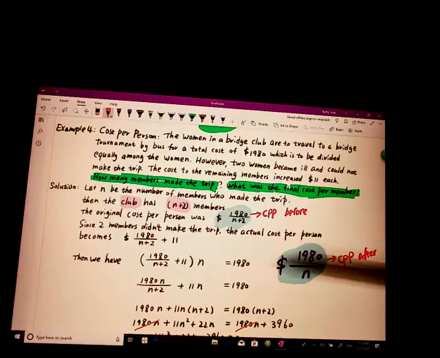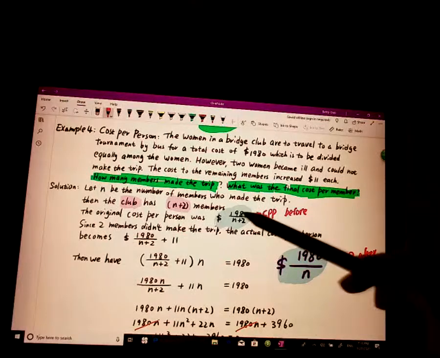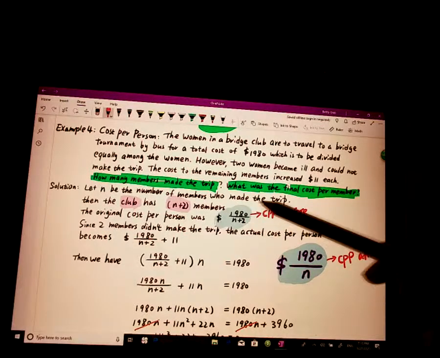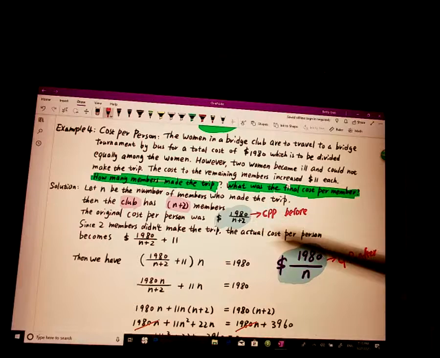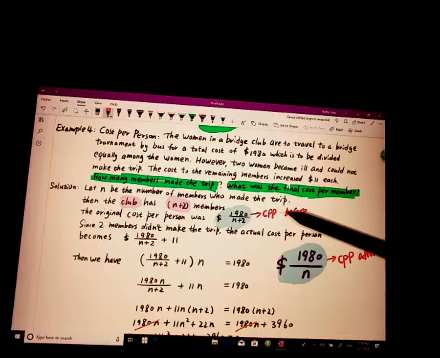Okay, so now I'm going to let you tell me which number is bigger, which number is smaller. They have the two blue parts. Which quantity is bigger, which one is smaller? Remember, this is CPP, cost per person after. That is the cost per person before.